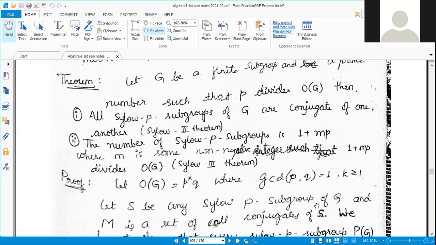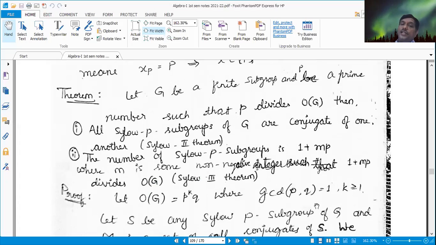After that, we discussed the Sylow second theorem as well as the Sylow third theorem. Let G be a finite group and p be a prime number such that p divides the order of G. Then all the Sylow p-subgroups of G are conjugate to one another. That we already proved.